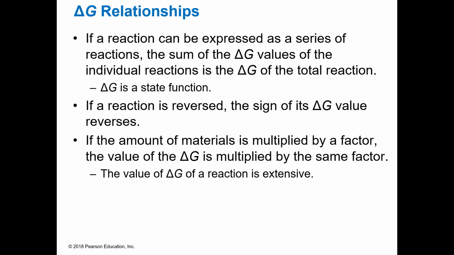So here's a classic one we did when we were talking about delta G. We said 2 moles of hydrogen gas react with 1 mole of oxygen gas, and that forms 2 moles of water, liquid. All right, so this reaction is balanced.